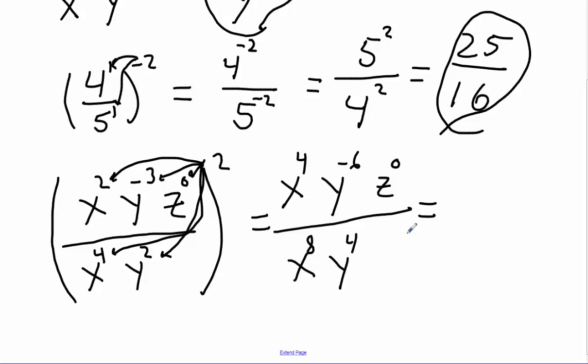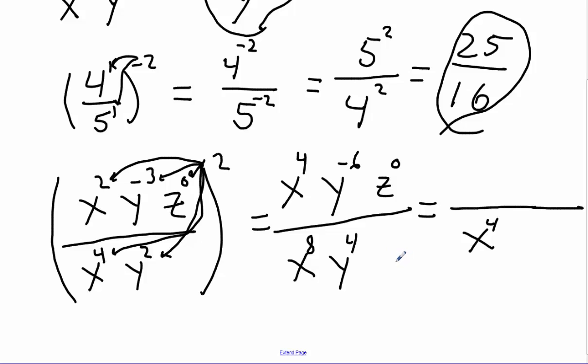I'm going to combine some rules here. I like to do the quotient rule. So if you notice, we have x to the eighth and x to the fourth. X to the eighth is the larger exponent, so our x answer is going to be on the bottom. 8 minus 4 is 4. Now when you look at the y's, you would say 6 is a larger number than 4. However, when you bring the negative sign into it, 4 is the larger number.